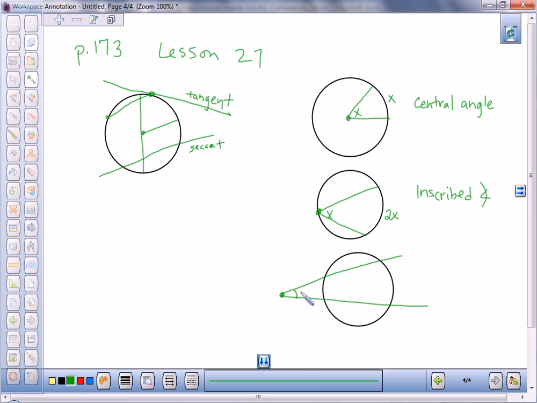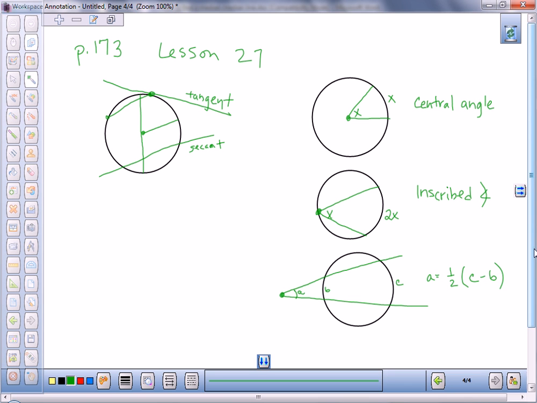Okay, I'm going to call this angle A, arc B, and arc C. What we would do is A is equal to half the difference. I can't believe I even remember that. Okay, so a special one of those would look like this.